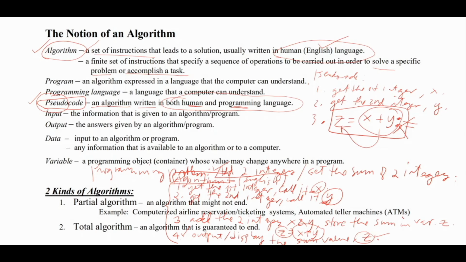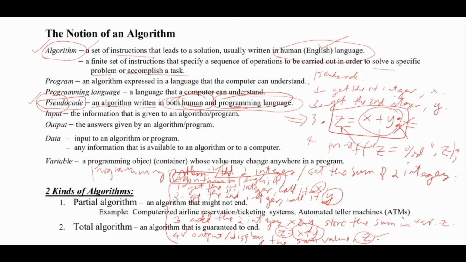Okay, that's how you do it using C or Java programming language. So number 3 is written in a programming language, while number 1 and number 2 are written using human or English language. And then number 4 maybe is printf("z is equal to %d").